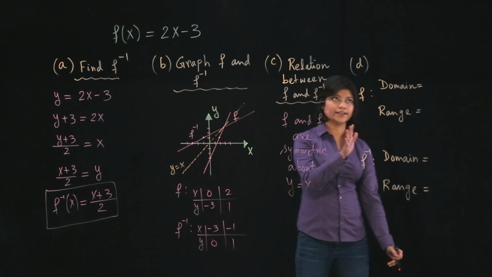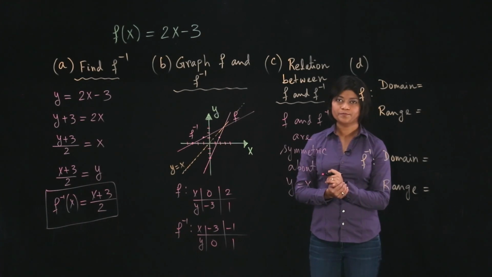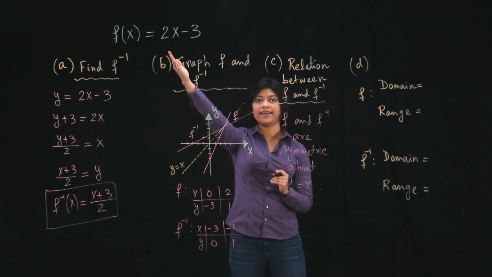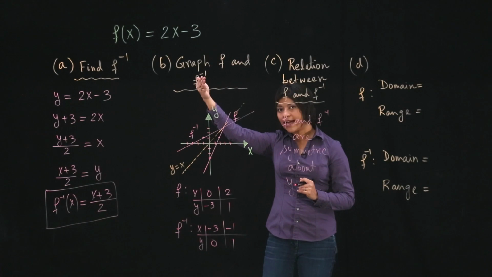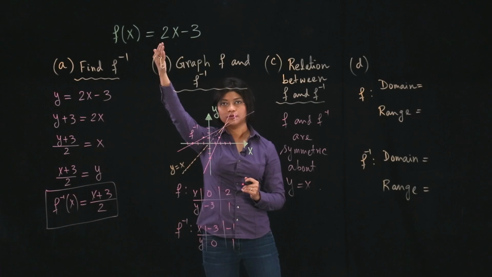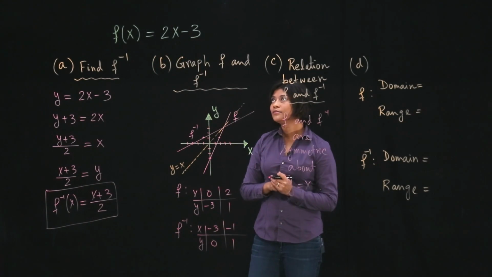All right, finally, we have to figure out the domain and range of both these functions. Now, let's consider f first. It's just a line, right? So, are there any x values that you cannot plug into this function without causing any problem? Well, think about it.